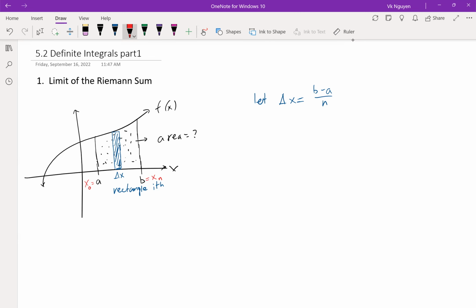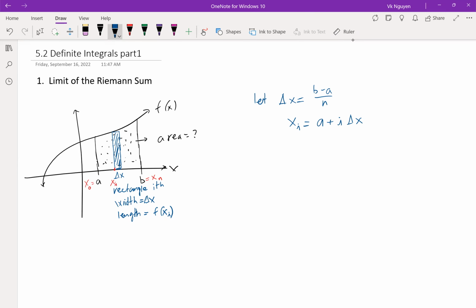So that means this number right here would be x sub I, and the height would be f of x sub I. Width is delta x, length is f of x sub I. You see that x sub I would just be the first number, a, plus I times delta x.